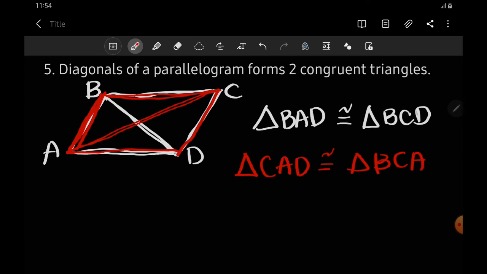So if we have two diagonals, we can come up with two pairs of congruent triangles.